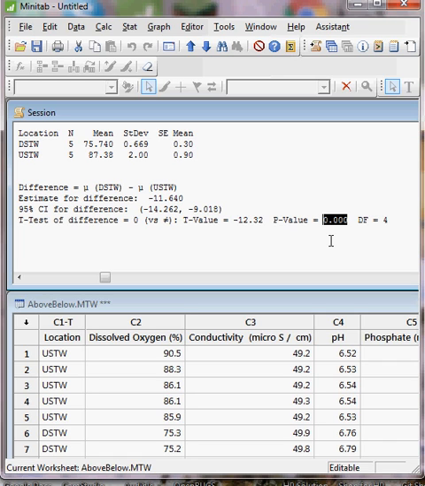It is much less than 0.05, so the probability of us getting a t-value as large or as negative as minus 12, if the null hypothesis is true, is less than 0.05. So we're entitled to reject the null hypothesis and conclude that there is something substantially different in the dissolved oxygen at site DSTW compared to USTW.